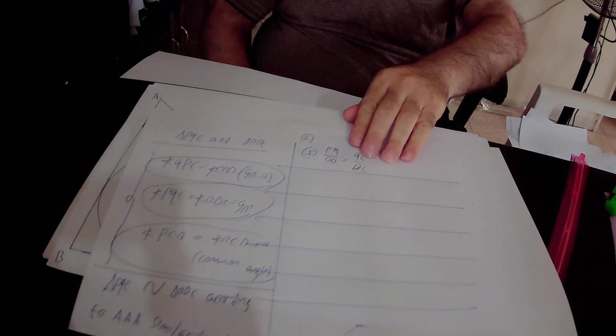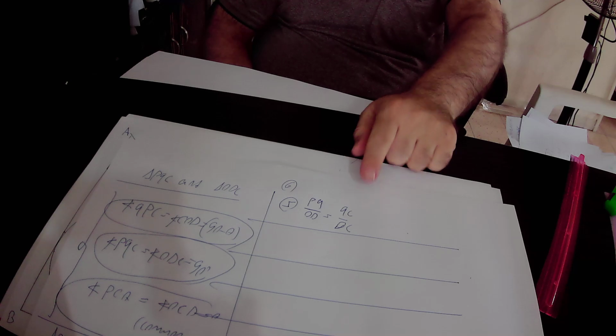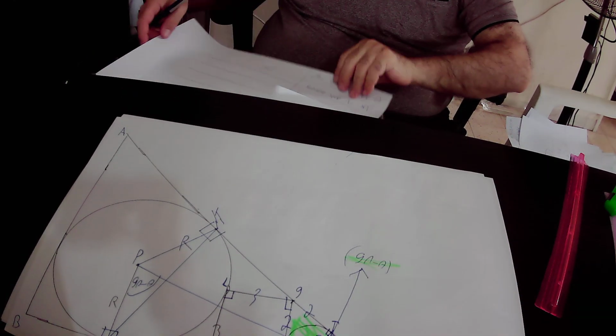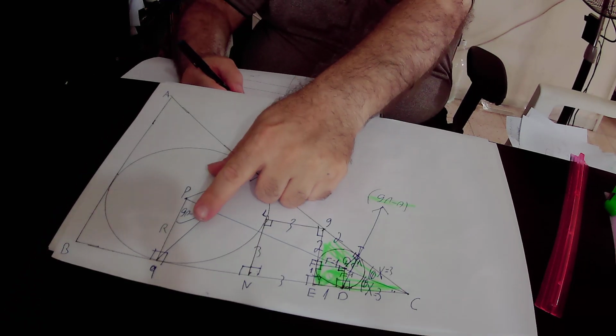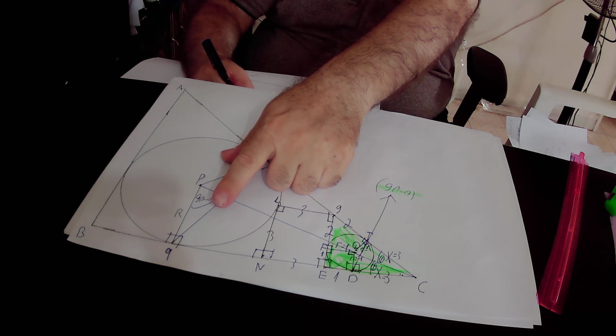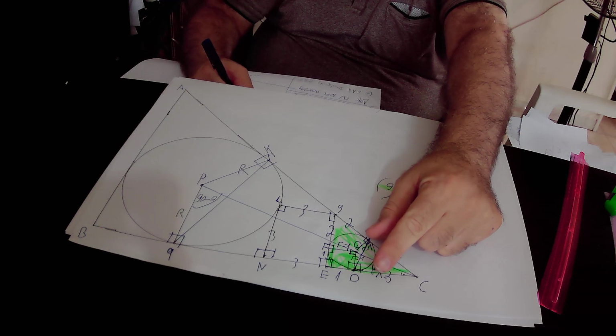We conclude that PQ over OD equals QC over DC. PQ is the radius of the big circle that is equal to capital R. OD is the radius of the small circle that is equal to 1.